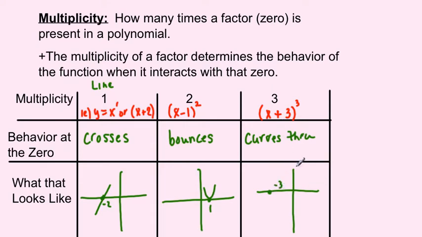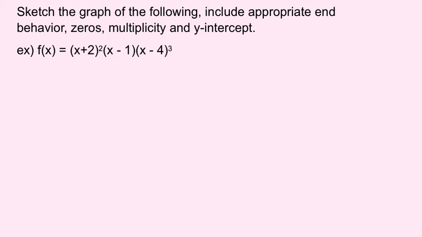I'm going to go from the other direction. Curves through means as it starts to approach it, it's going to kind of flatten out as it goes through and then continue on its merry way. So instead of going straight through or bouncing off, it starts to look like it's going to bounce, and then it switches the direction of its turn. It curves. So I need to know these things along with end behavior, and if I do, then I can put all the pieces together. So let's take a look.